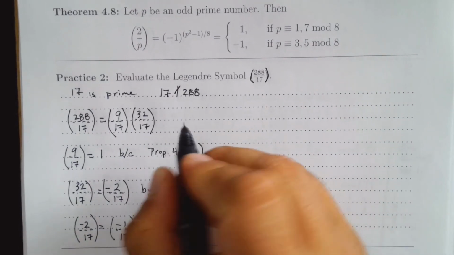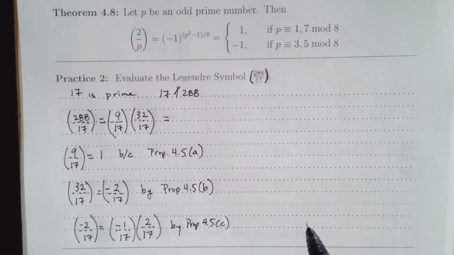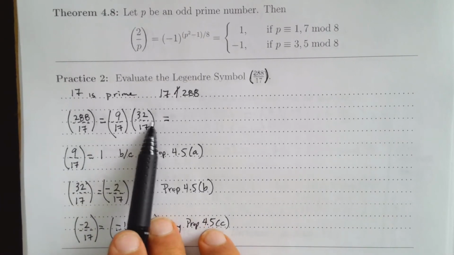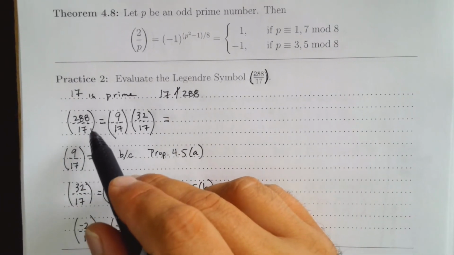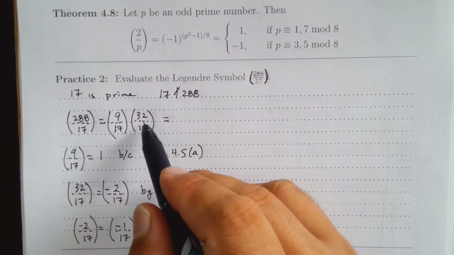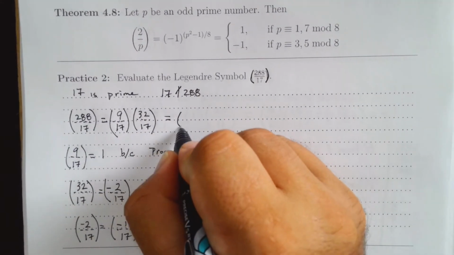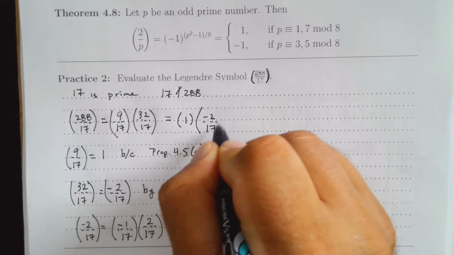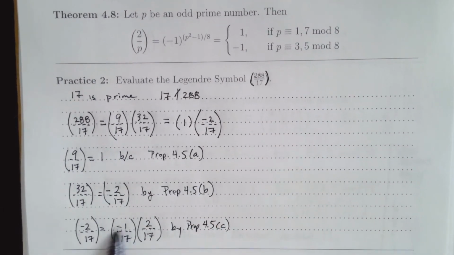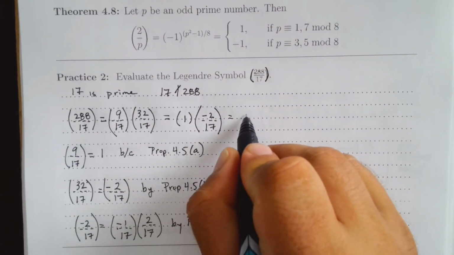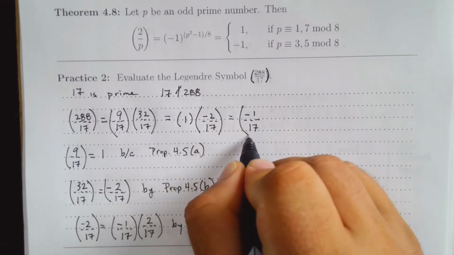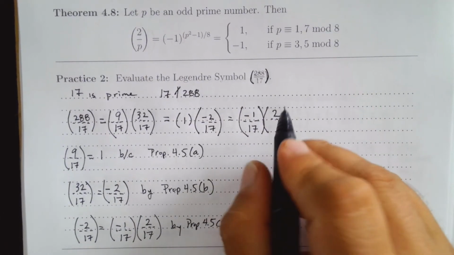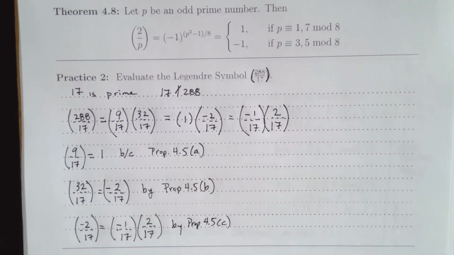So it's a nice little practice problem. So what does that tell us? That tells us that we can rewrite the Legendre symbol of 288 modulo 17, break it up using proposition 4.5c, and then further break it up as follows, from our information here, which would lead to the Legendre symbol of -1 modulo 17 times the Legendre symbol of 2 modulo 17.